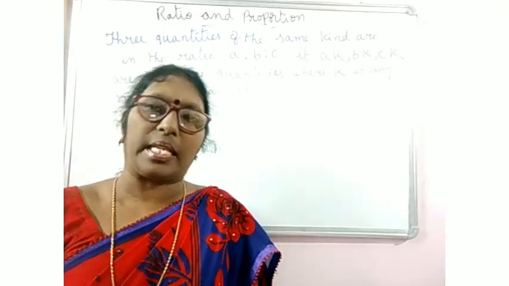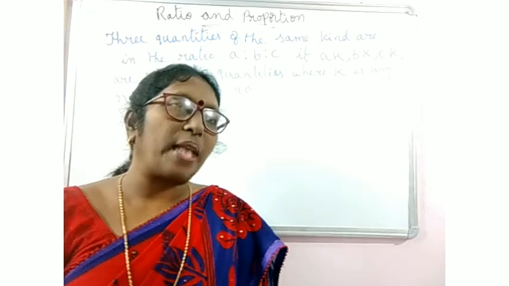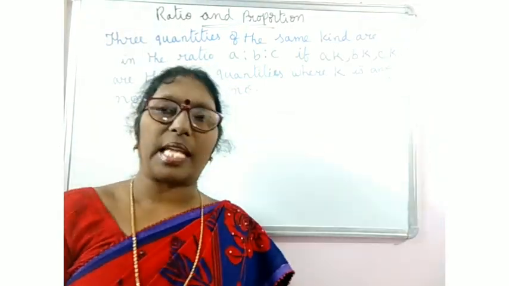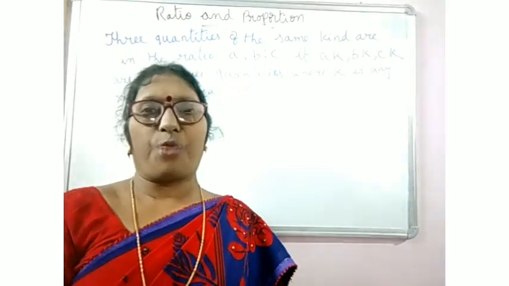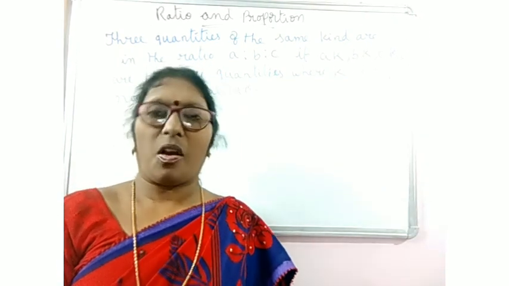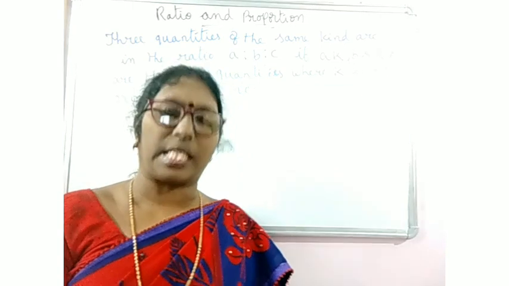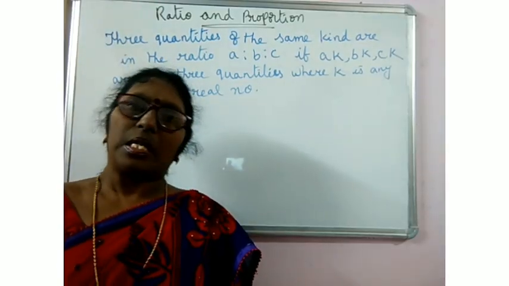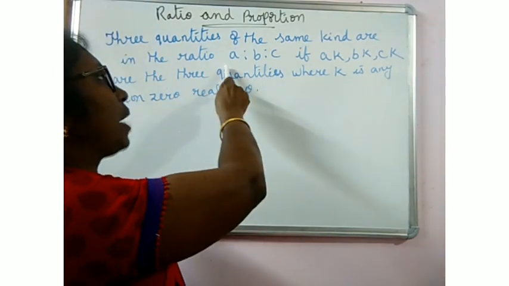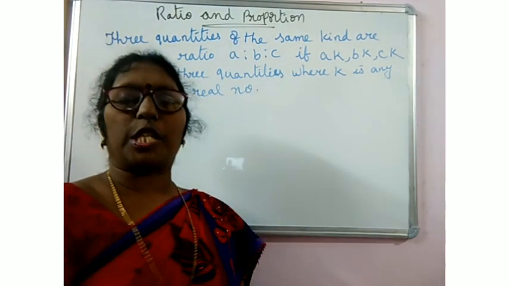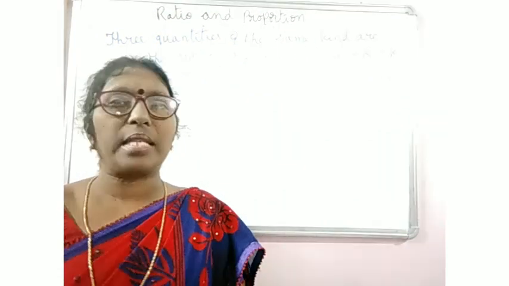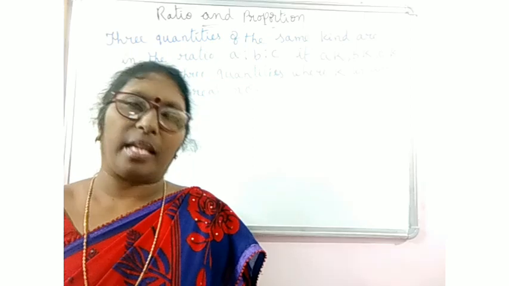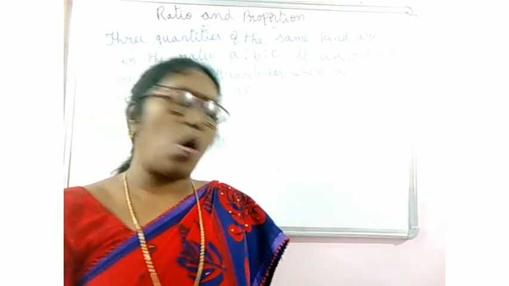If three quantities are in the ratio A is to B is to C, means the three quantities are AK, BK, CK. If the three quantities are in the ratio 4 is to 5 is to 6, we can say the three quantities are 4K, 5K, 6K or any other 4A, 5A, 6A also you can take. I hope this is clear to you. Similarly, four quantities A, B, C, D. A is to B is to C is to D means the quantities are AK, BK, CK, DK and so on.